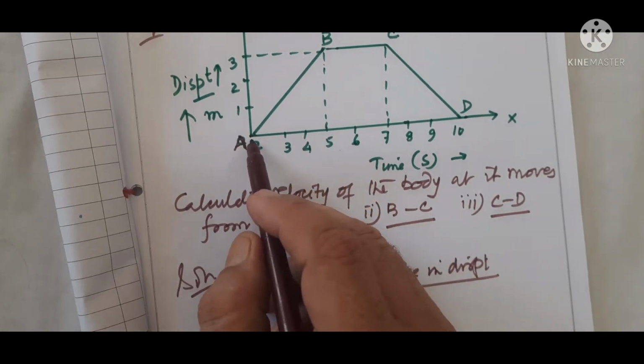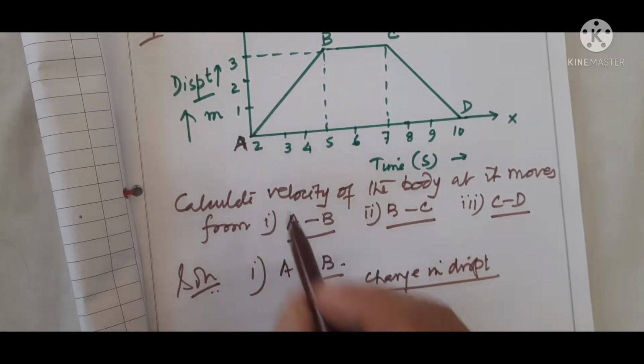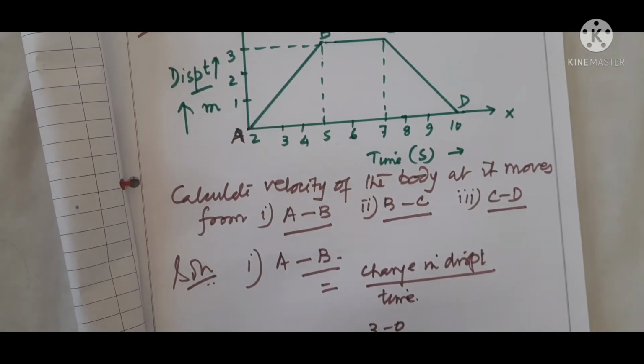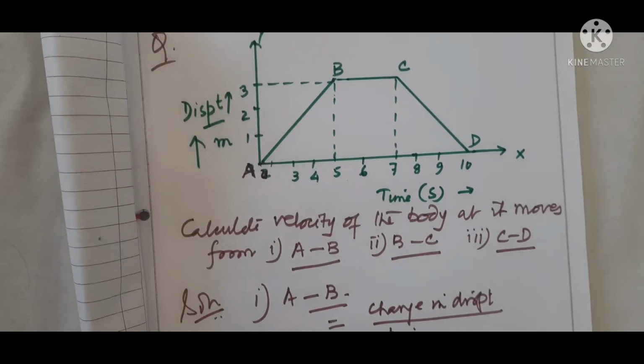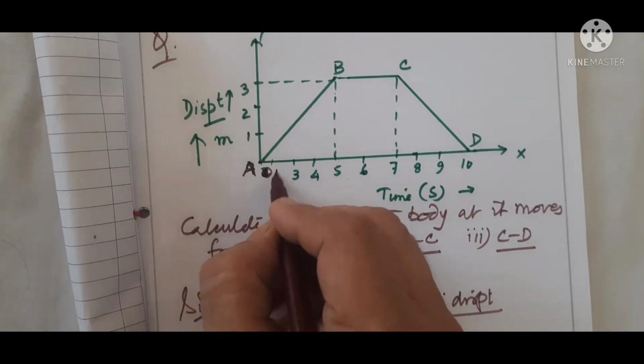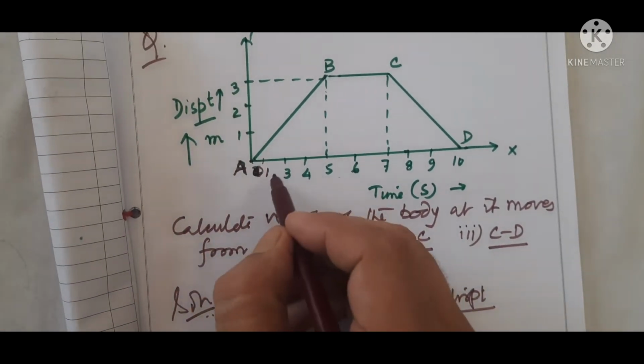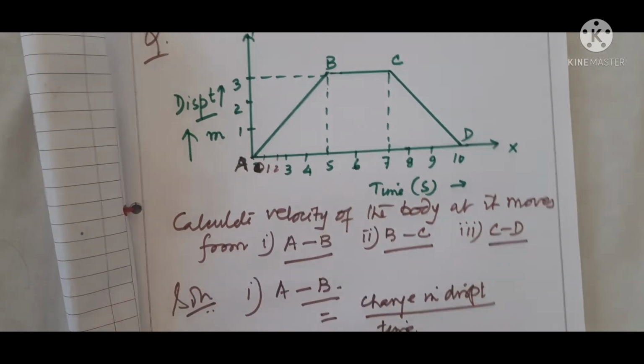Here, whatever the time is, I am taking the 0 also here, तो 5 सेकेंड. यहाँ पर 0 है, ये 1 है, 1 2 3 ऐसे करके मार्किंग है.